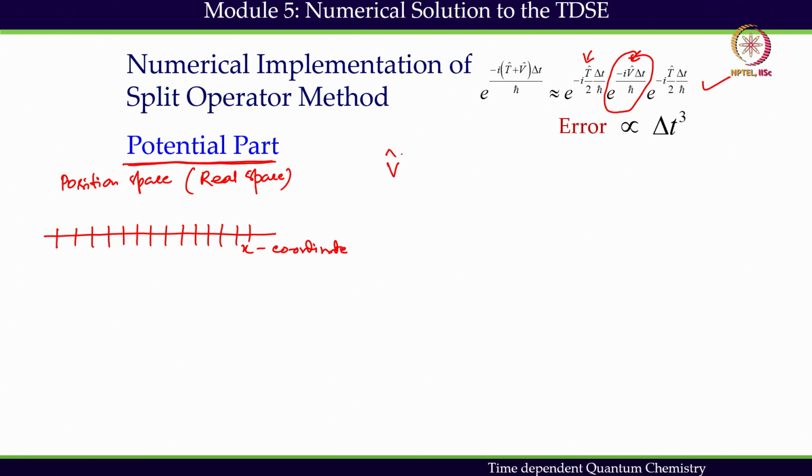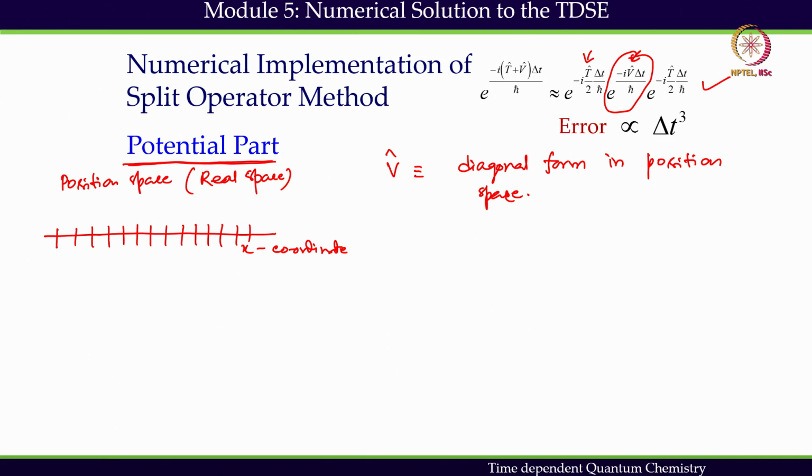This potential energy operator has a diagonal form in position space, and because it has a diagonal form, one can get the exponential of the potential energy matrix directly by exponentiating each diagonal element. So that's quite straightforward.